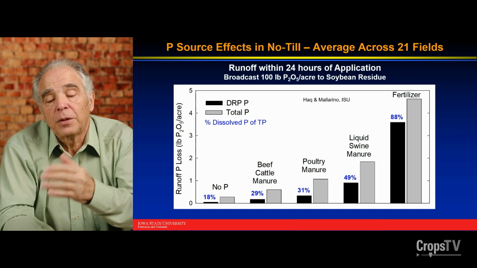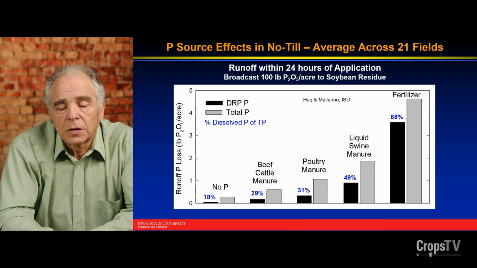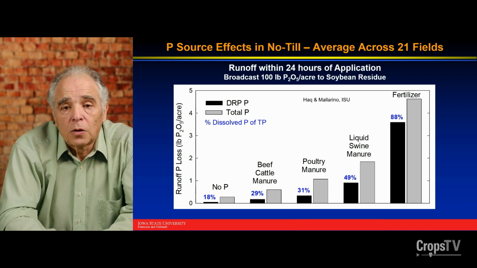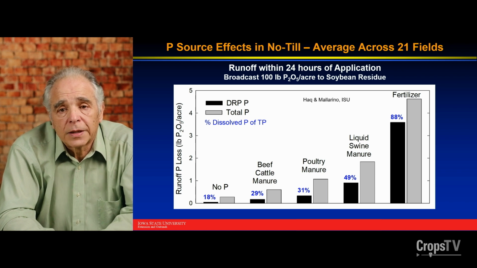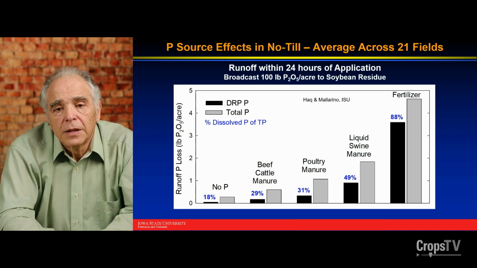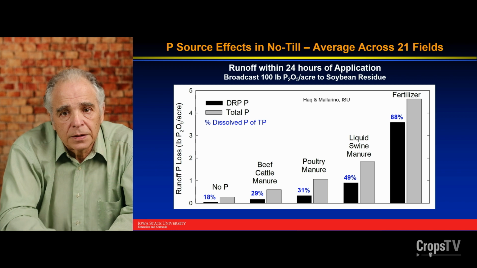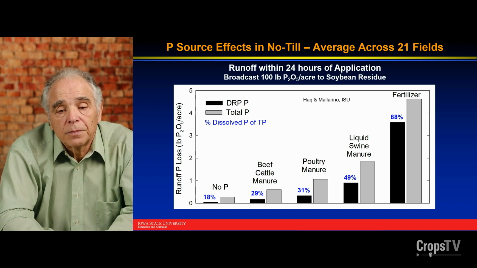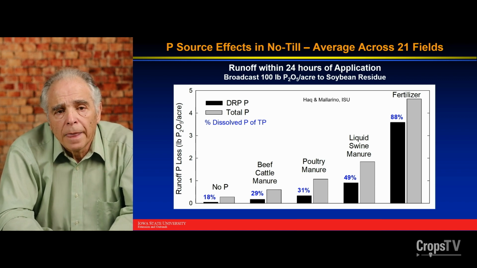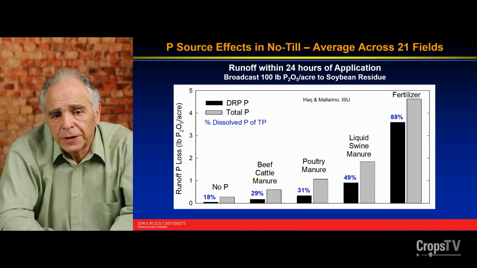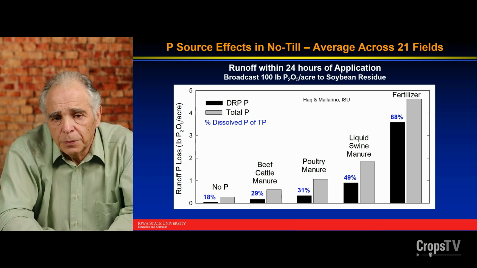And almost 90% of that phosphorus was dissolved P. Liquid swine manure is the second ranking, but much lower, about half. Again, this manure was broadcast, okay, not injected. And then poultry manure was less, and beef cattle manure was less. So definitely, this is the worst case scenario. There is a difference between the manures.